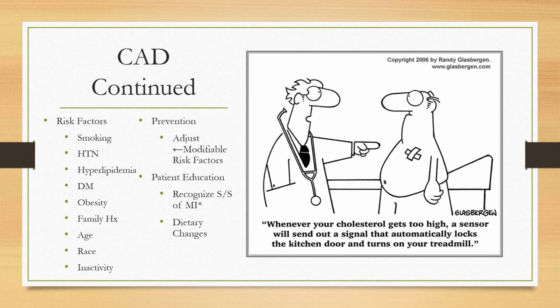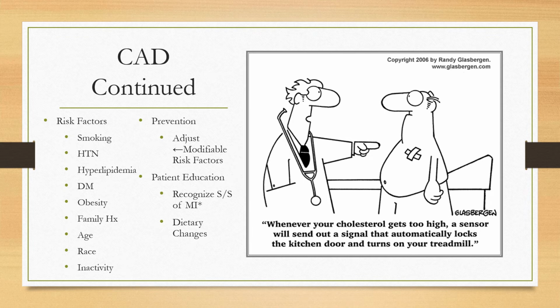Okay, so here's the risk factors. I didn't need to mention them on the slide before. So smoking, why does that cause coronary disease? The toxins in the bloodstream damaging the arteries and accelerating plaque formation, just like the rest of these. Hypertension, same thing, damages the arteries.